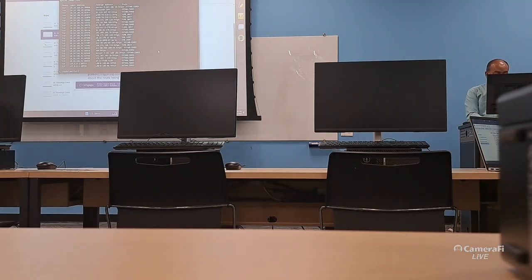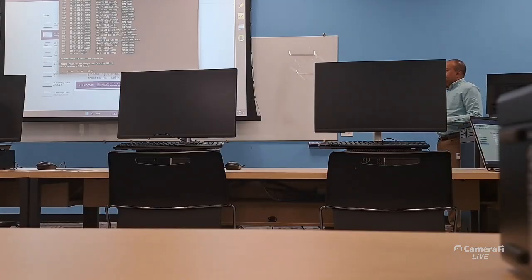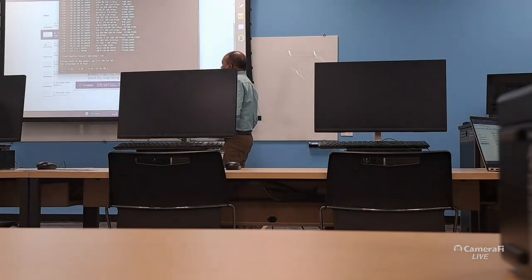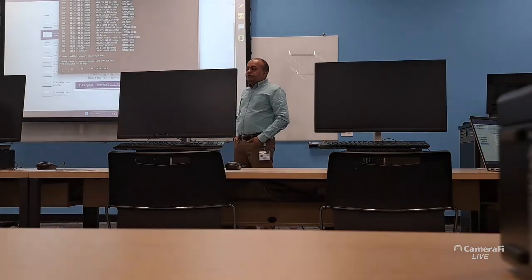Tracert or traceroute. These are the commands which you can use to identify what path your computer is using to reach a particular website or a particular IP address.